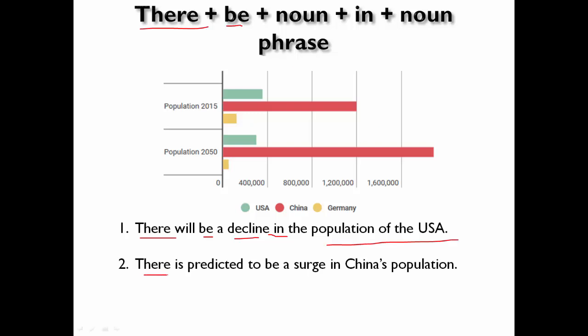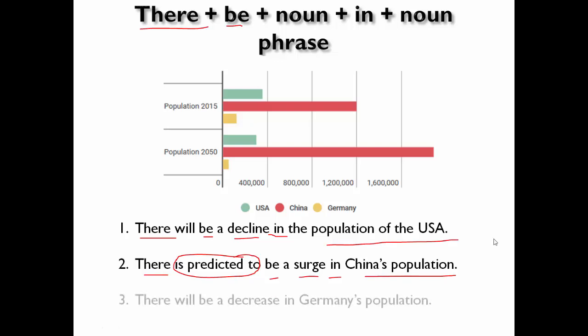So there, be, surge in China's population. So there, be, noun, in, noun phrase. Is predicted to, this is a future structure again. And the third one, there will be a decrease in Germany's population. So there, be, noun, in, noun phrase.